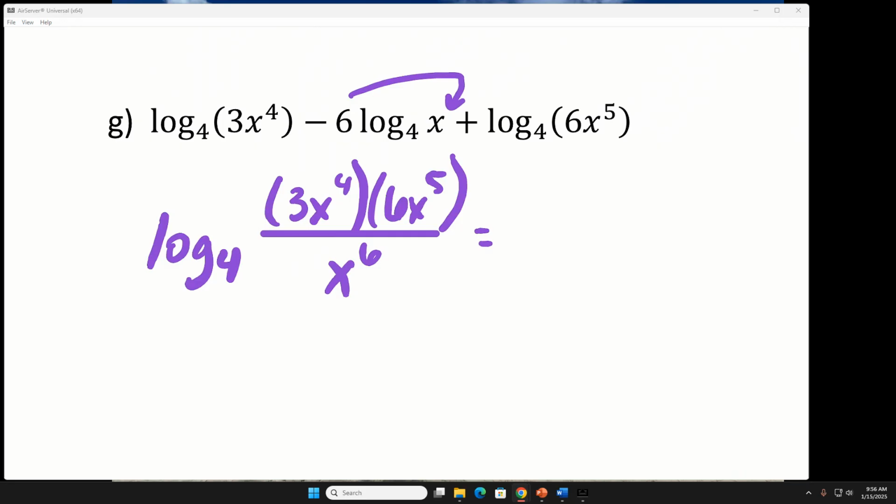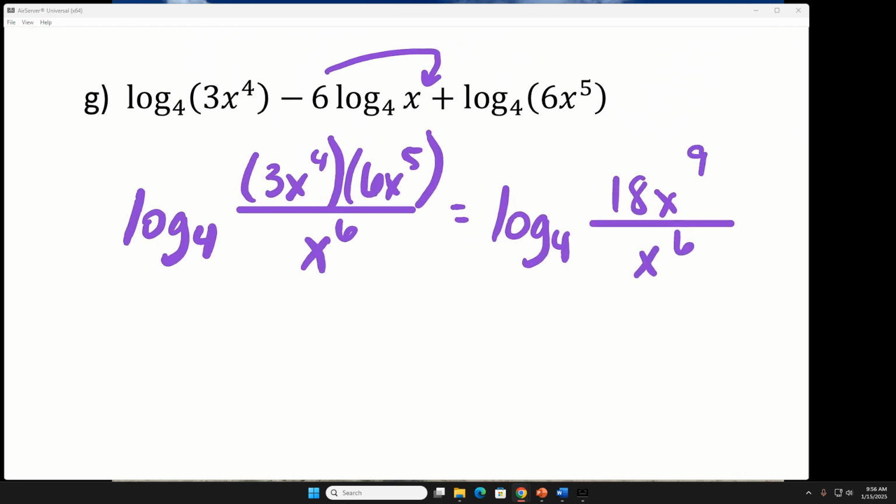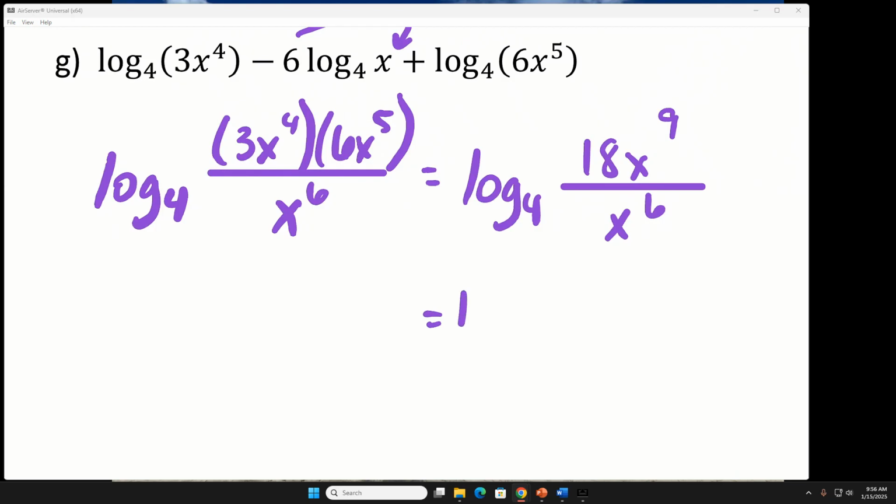All right, so on the ones we've been doing, at this point we were finished, but on this one we're not. We can simplify this more by multiplying and then combining the x's. So I would multiply the numerator and get 18x to the 9th. All right, and then I would keep simplifying.